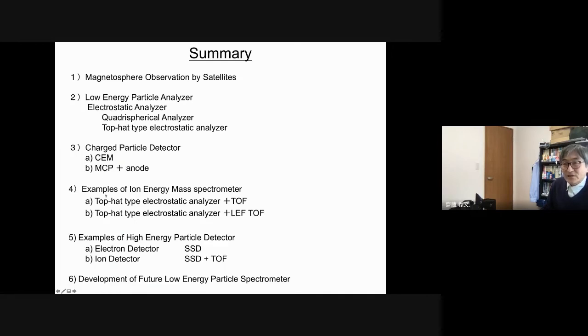I showed examples of ion energy mass spectrometers: top hat type electrostatic analyzer plus time-of-flight measurement, and another is top hat type electrostatic analyzer plus LEF time-of-flight measurement. I also showed examples of high energy particle detectors, electron detector and ion detector. And I showed the development of future low-energy particle spectrometers.